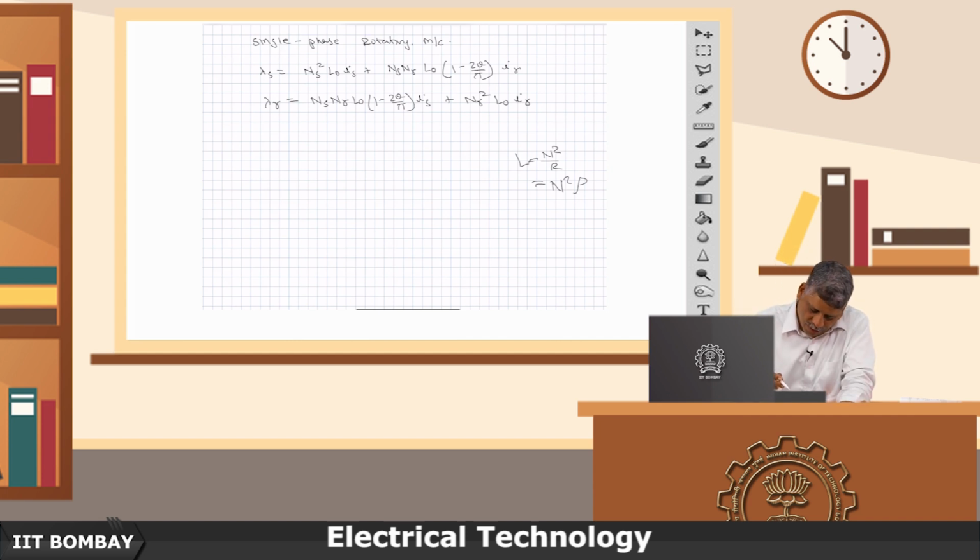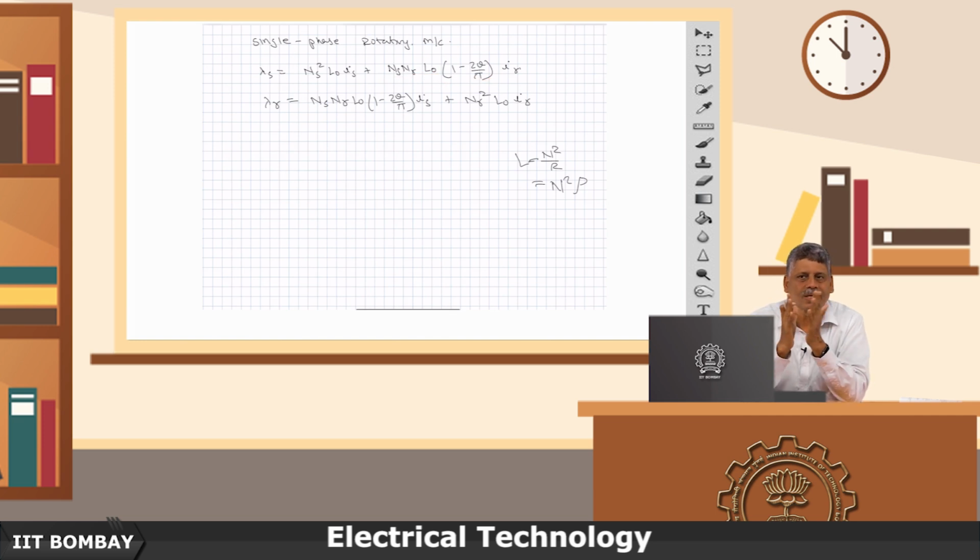So, therefore, that geometry leads to a permeance of L naught, and Ns is the number of turns on the primary. So, Ns square L naught becomes the self inductance of the stator, Nr square L naught becomes the self inductance of the rotor, and the mutual inductance becomes Ns Nr L naught into 1 minus 2 theta by pi.